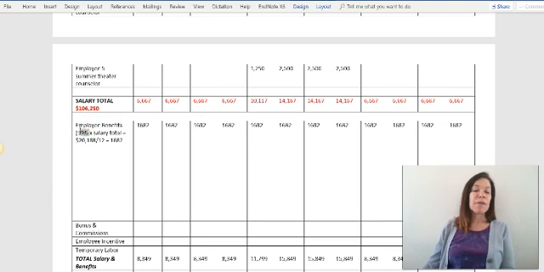The amount that we use to cover this is 19% of your total that you're paying out for your employees. So what we're going to do is take this total salary, 106,250.